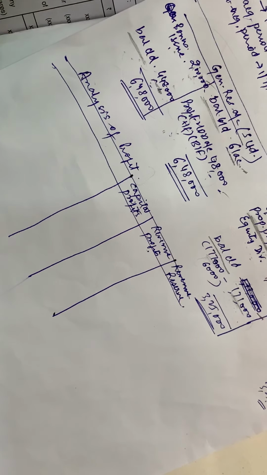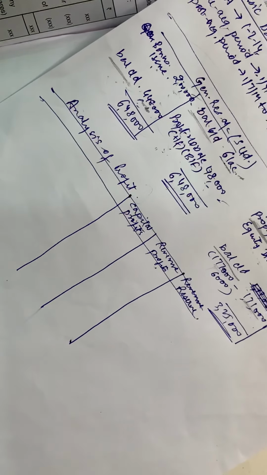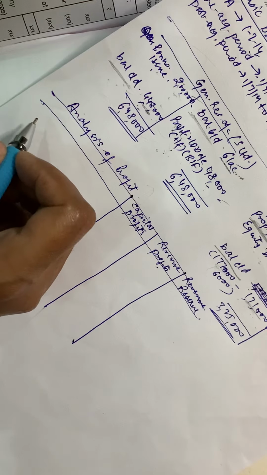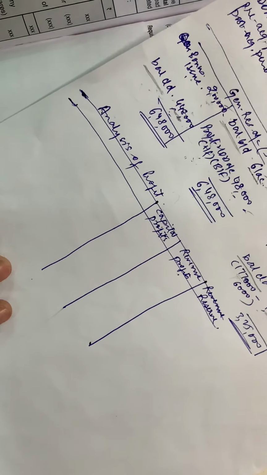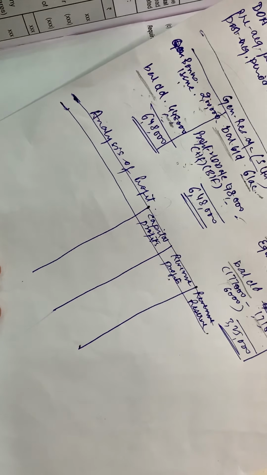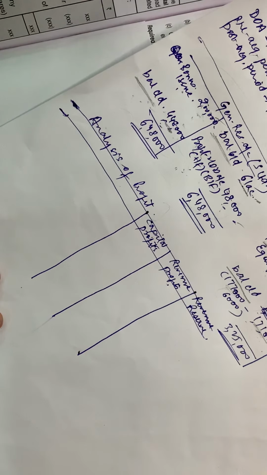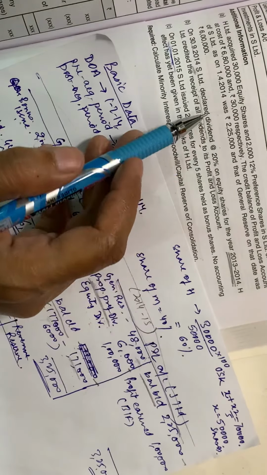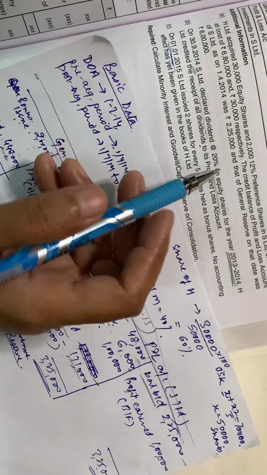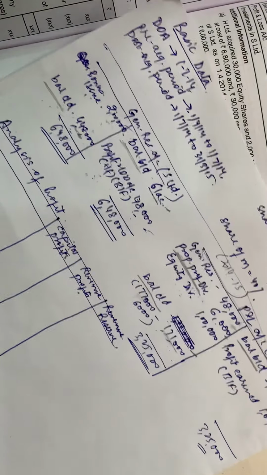So let's see how you do that. In the previous question, I have shown you that you have to start with the opening balance. Since we are given the opening balances of the P&L as well as the general reserve over here, you will first start with the opening balances.